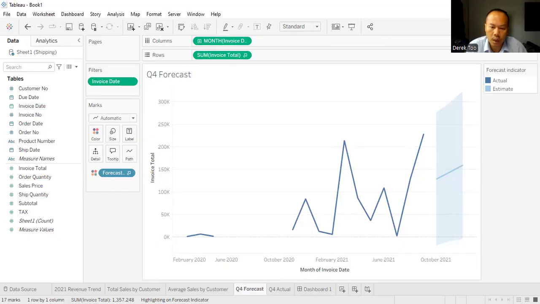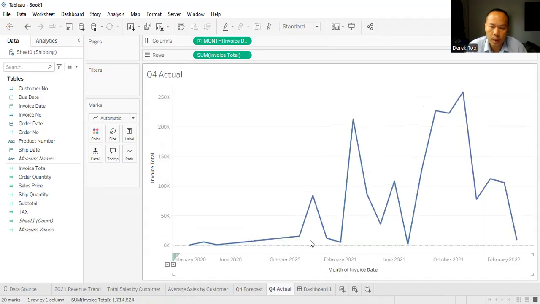So we go to the next dashboard, the Q4 actual, and this is the actual instead of the forecast. So the actual here is for October, November, and December.